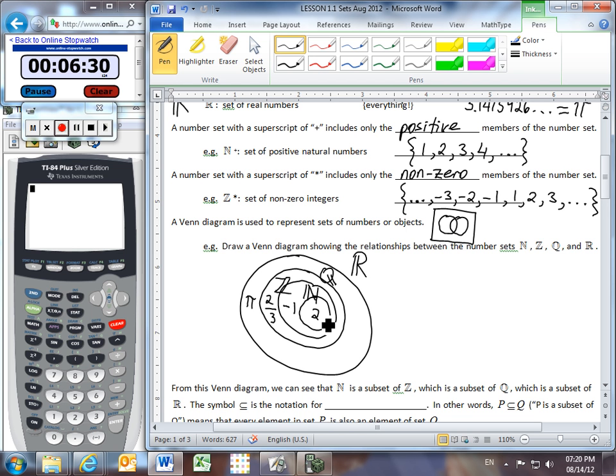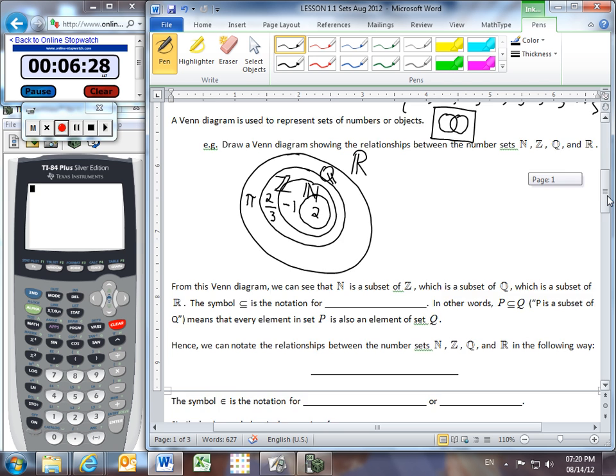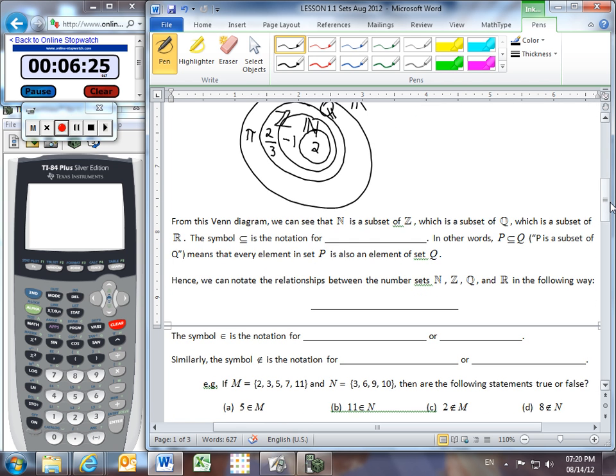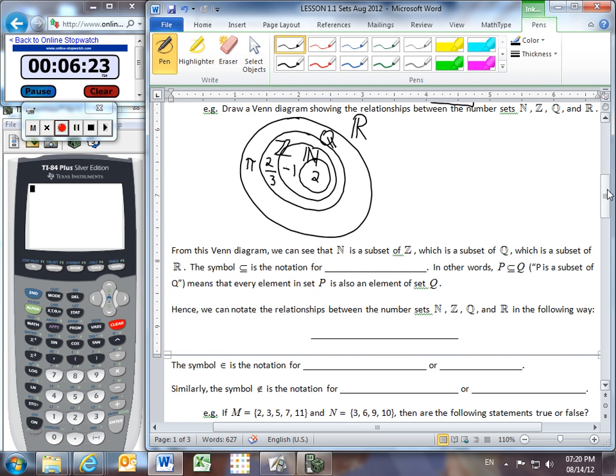Now, from this Venn diagram, we can see that the natural numbers are entirely contained inside the integers. They are a subset of the integers, which are a subset of the rational numbers, which are a subset of the real numbers. The symbol, that's kind of like an elongated C with a line beneath it, that's the notation for is a subset of.